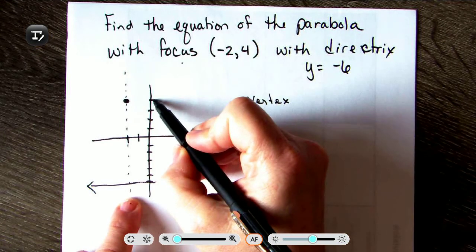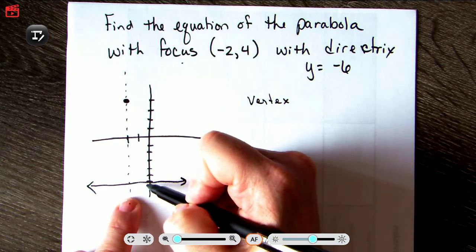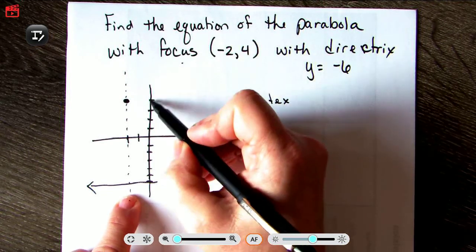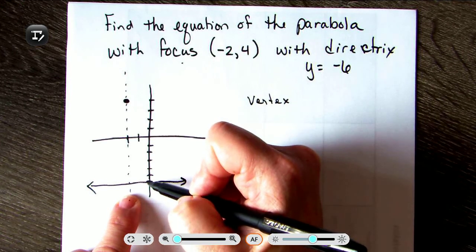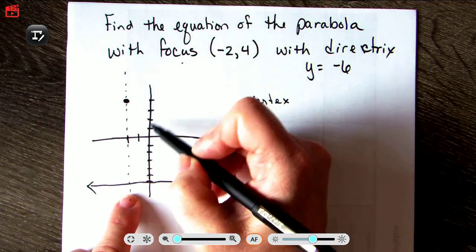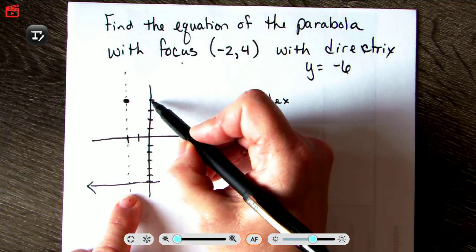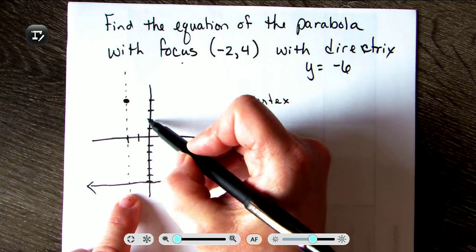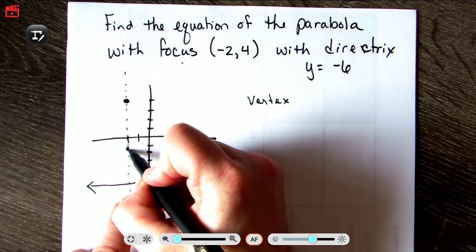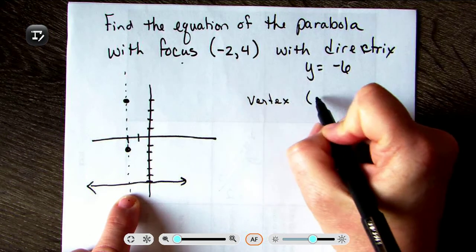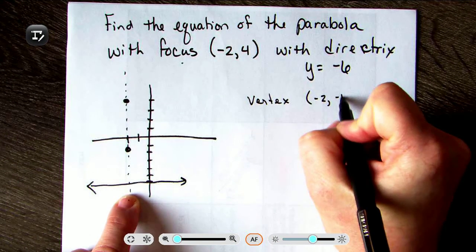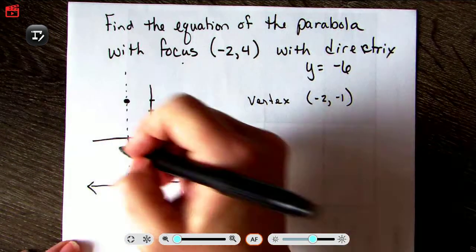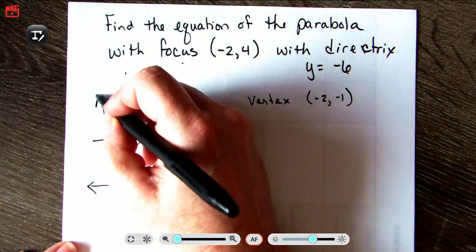This is up here at 4, this is down here at -6, which means we have a distance of 10. Half of 10 is 5, so we go down 5: 1, 2, 3, 4, 5. So there is my vertex. It's going to be at (-2, -1). And it would look something like that.